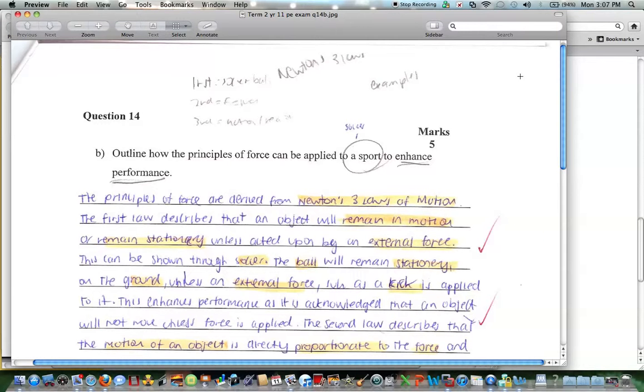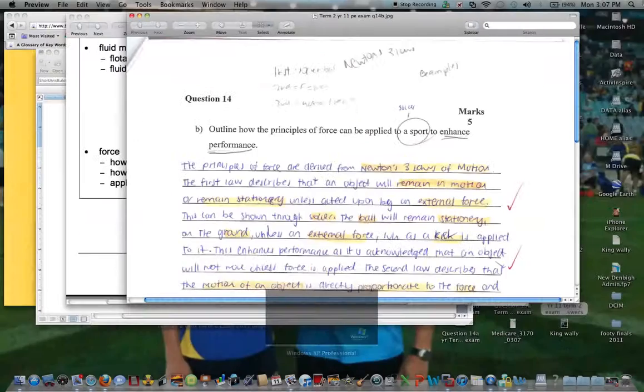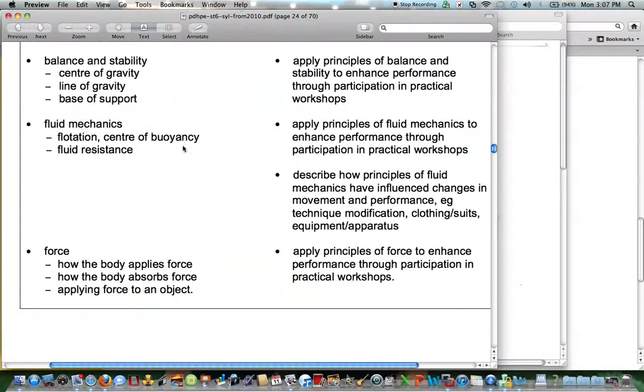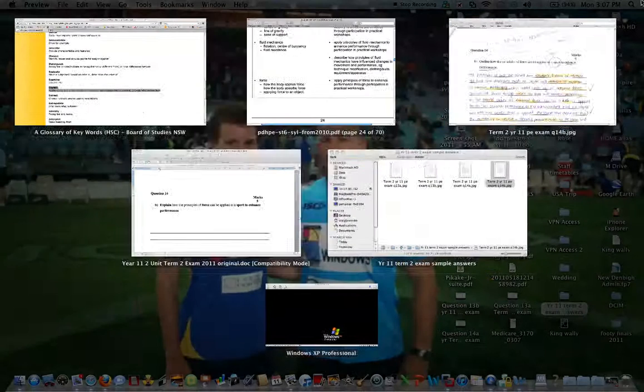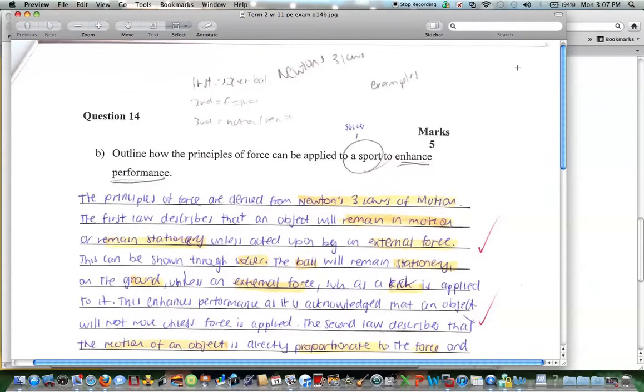The other concern for me was that a lot of students were writing about fluid mechanics. If we look here, that's the previous dot point, fluid mechanics, so that had no correlation or involvement in this answer. So that was question 14b. The average for this would probably have been about a 2 or 3 for most students.